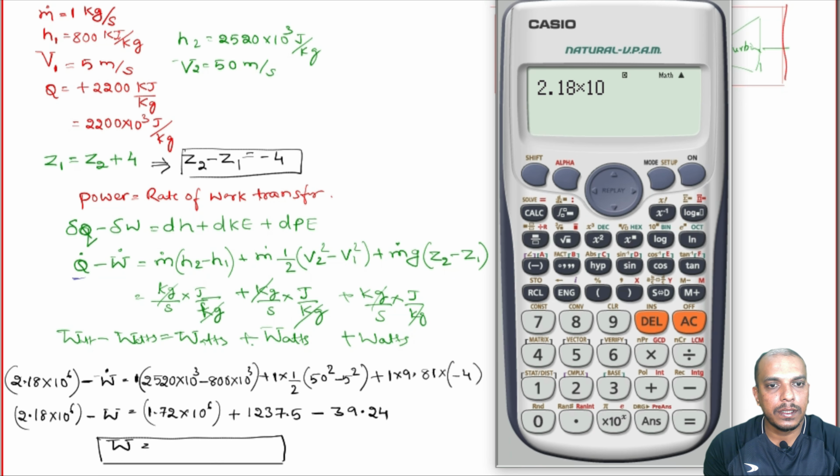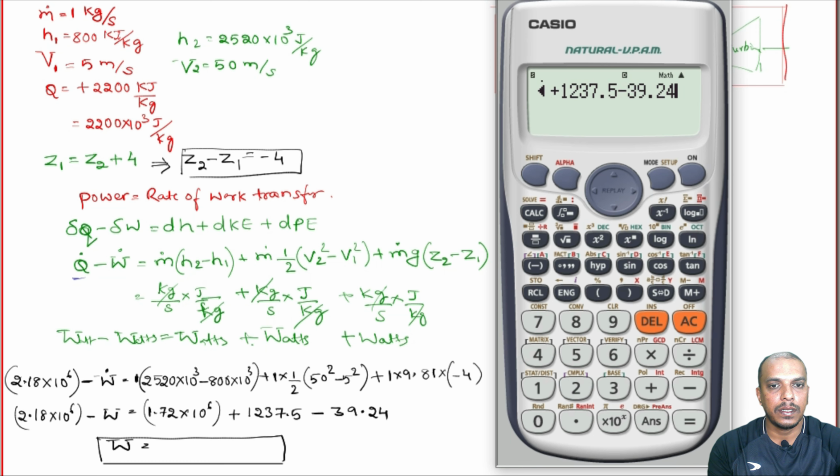2.18 into 10 power 6 minus the unknown will always write it as alpha x. Now, alpha equals, I am typing the equation as it is. Alpha is what you use for equals. Now, 1.72 into 10 power 6 plus 1237.5 minus 39.24.